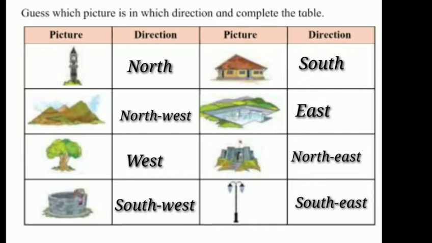The well is in the southwest direction. Then the house is in the south direction. Then the lake is in the east direction. The fort is between north and east, so it is northeast direction. Then the street lamp is between south and east, so it is southeast direction.